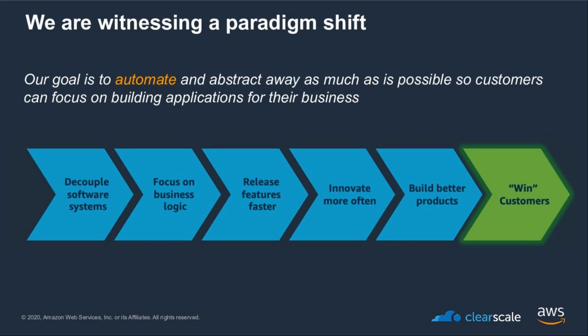The goal here is to automate and abstract away as much as possible of the so-called undifferentiated heavy lifting from the customers, so that they can focus on the value, build better products, and ultimately win more at your end customers. Serverless is a key component that allows our customers to do things such as decouple software systems, which leads to focusing on business logic and ultimately winning more customers.